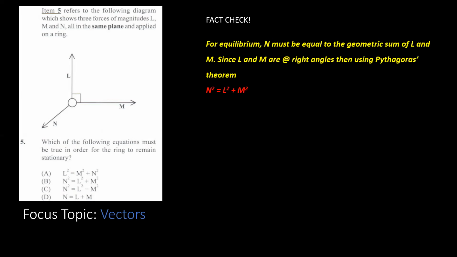Now, whenever an object is in equilibrium and we have 2 forces acting on it at right angles, then we know that the third force must be calculated from Pythagoras' theorem. And so n squared would be equal to the sum of L squared and M squared. So this means the answer should be B.